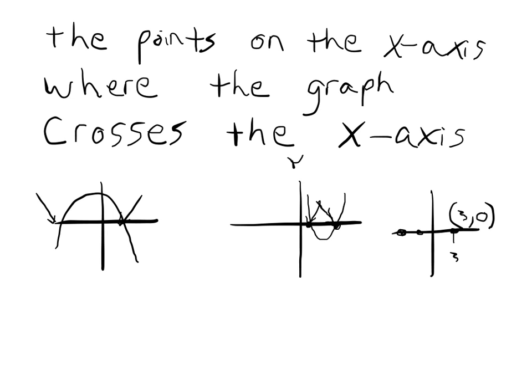So any point on this x-axis is always going to have a y value of 0, and that should be review. So let's go on to example 1.